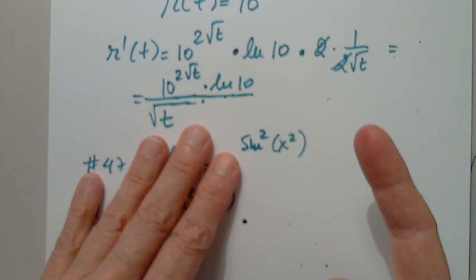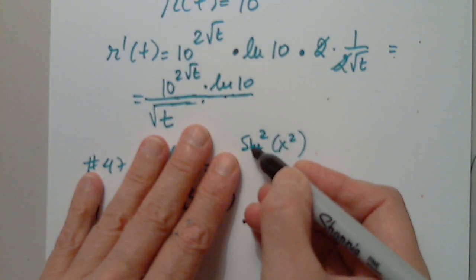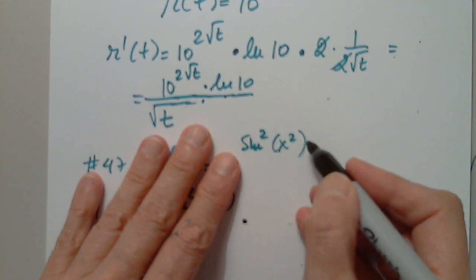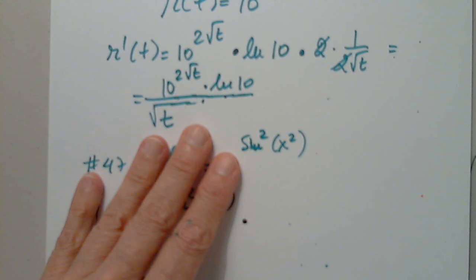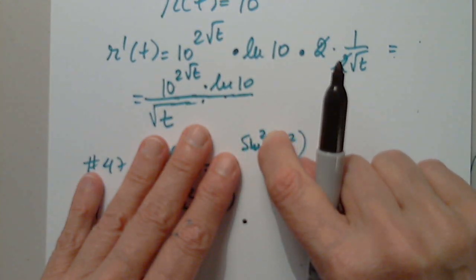But it's a lot. This is number 1, this is number 2, and this is number 3. This is not a simple thing to differentiate at all. So now here, first I have to differentiate the power.